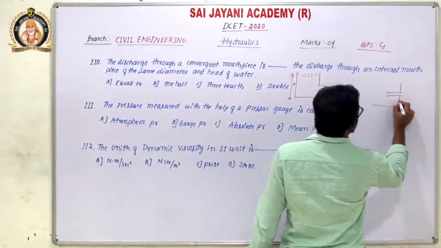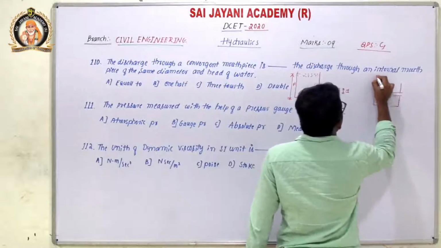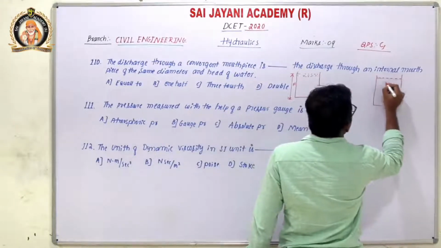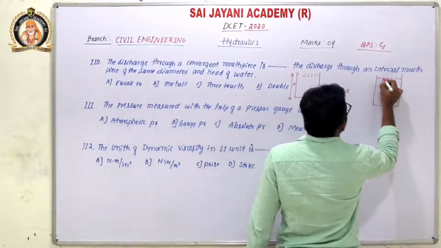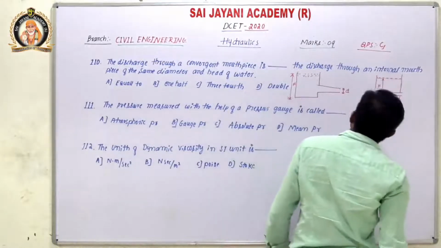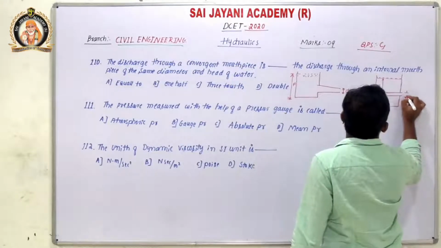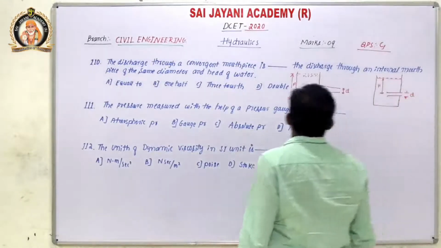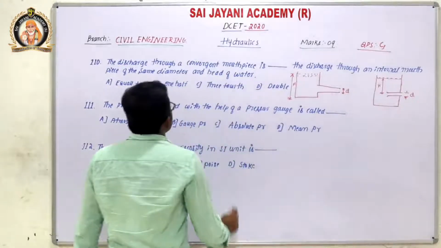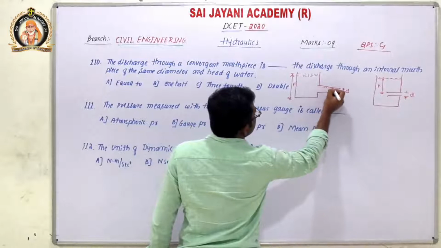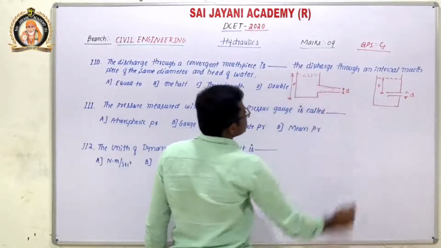So this is the internal mouthpiece, which is subjected to the same head H and the same diameter D.